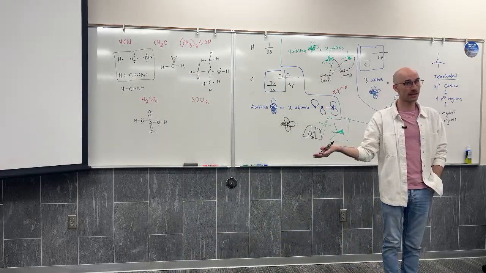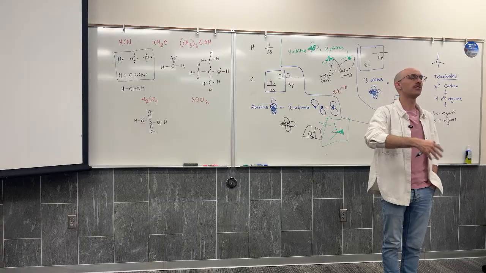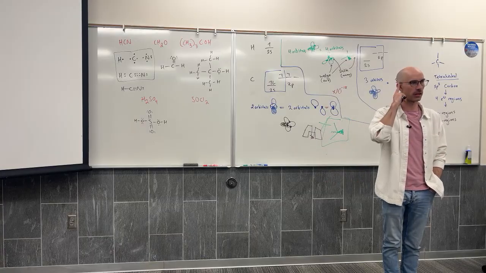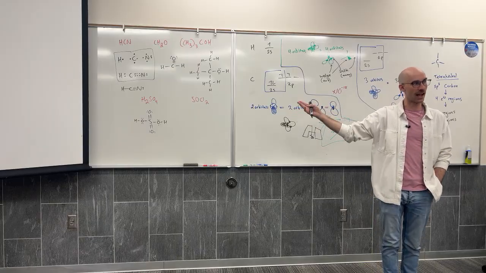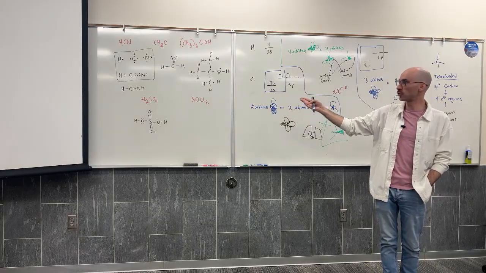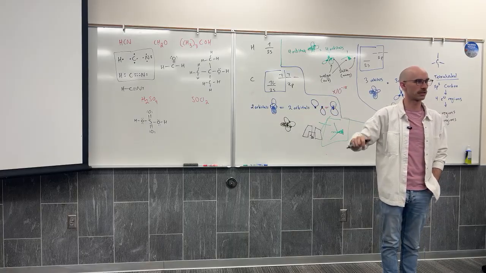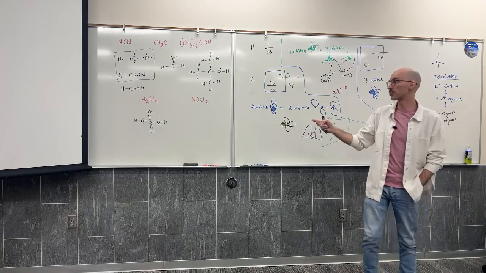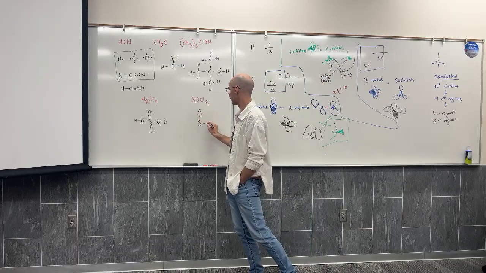Sulfur is fine with 8 electrons, but because sulfur has d orbitals, sulfur can take more than 8 electrons. So sulfur expands its octet here. It turns out that the hydrogens are bonded to 2 of the oxygens, and the other 2 oxygens are double bonded to the sulfur. In SOCl2, thionyl chloride, we see something a little bit similar.